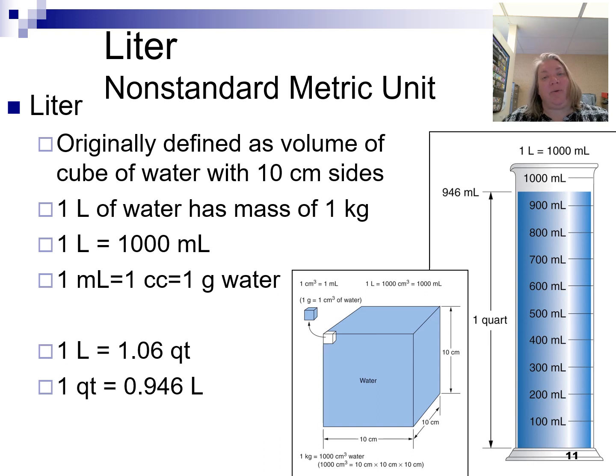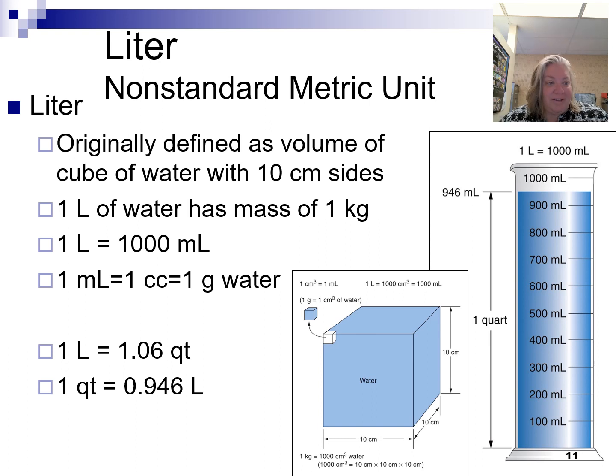Now, I wanted to make one special note of looking at the idea of volume and where some of this volume terminology comes from. So we're going to use something called a liter. A liter is technically a non-standard metric unit, but let's talk about how it came about.